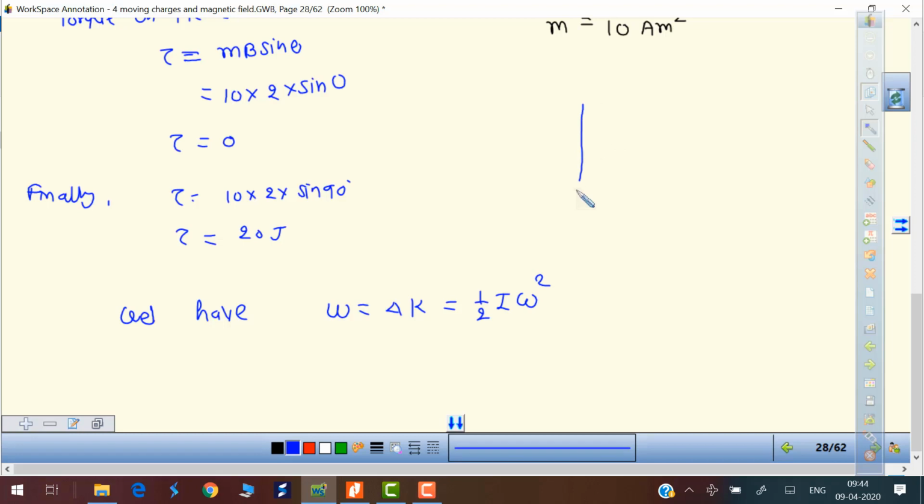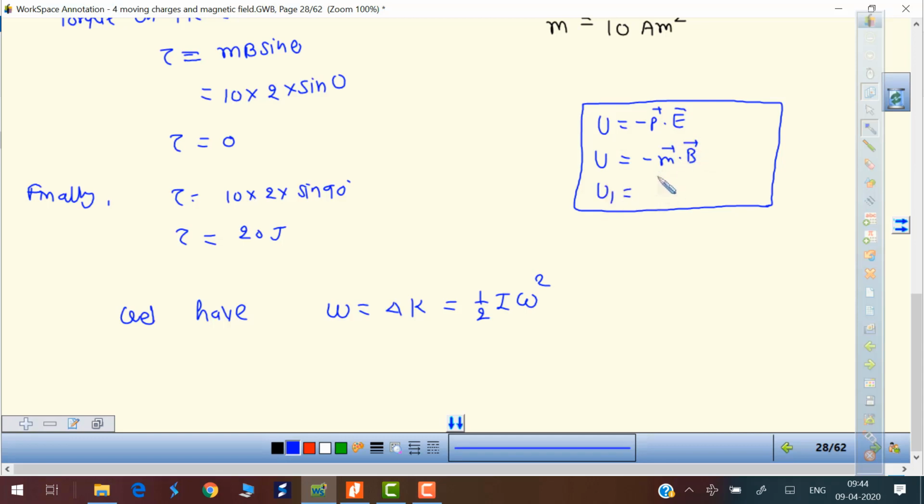So just I describe here. Actually it is not described in the text in this chapter. In the next chapter it is explained. So potential energy we know for electric dipole is minus P dot E. Similarly, potential energy for the magnetic dipole is minus M dot B. Okay, so U1, you can say that theta is equal to 0, so minus MB, and U2 is equal to 0.